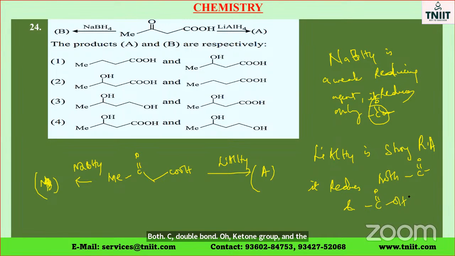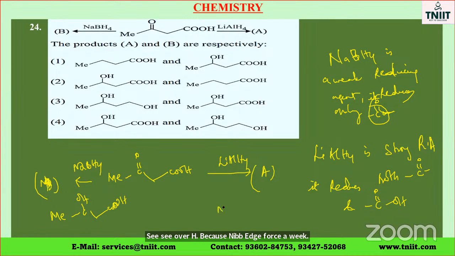Therefore, the product we get is here. B will be Me, CHOH, CH2COOH, because NaBH4 is weak, it only reduces this.